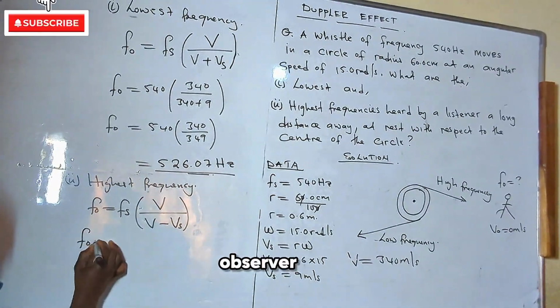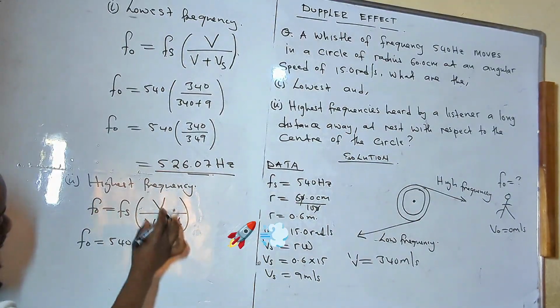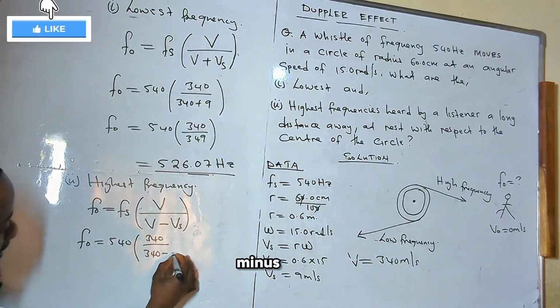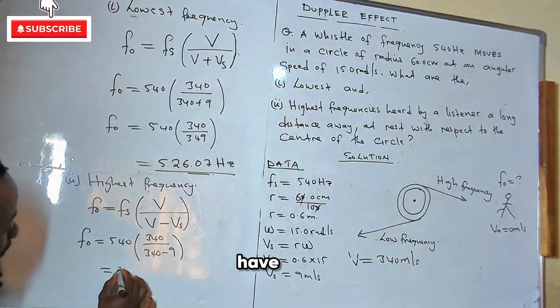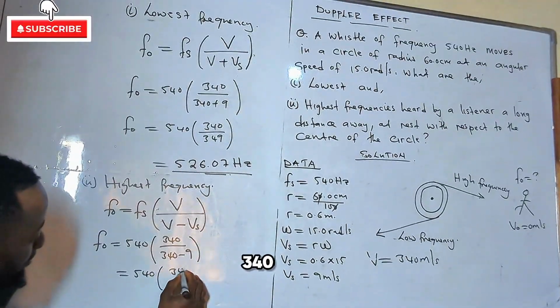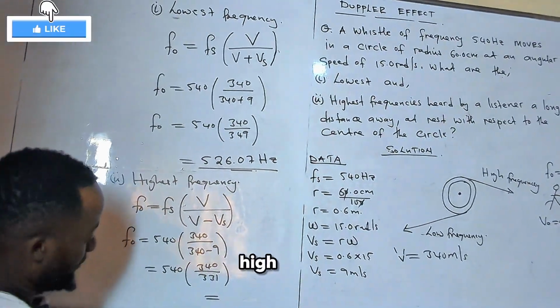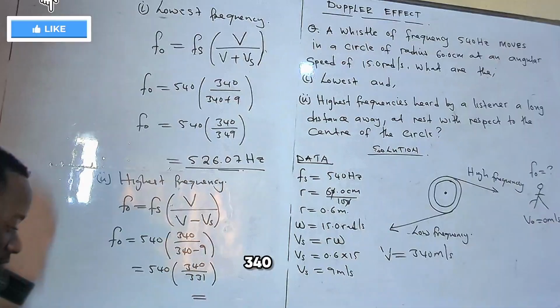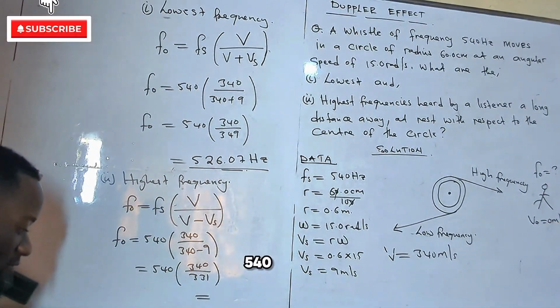So the frequency of the observer will be equal to 540 as the frequency of the source, times 340 over 340 minus 9, which is 331. So at high frequency, you're dividing 340 by 331, multiplied by 540.